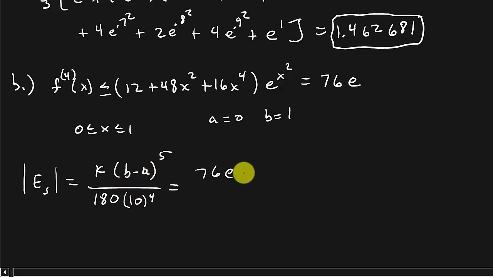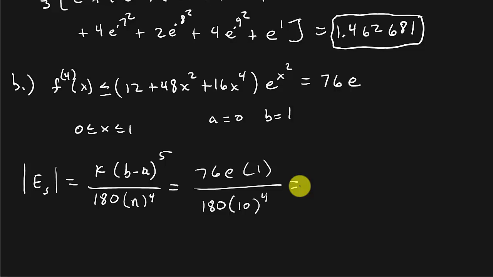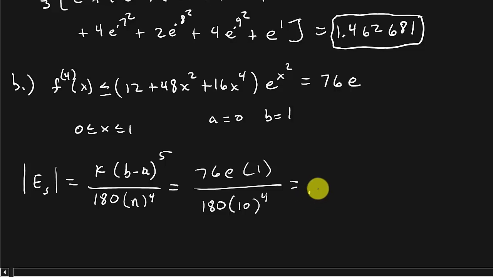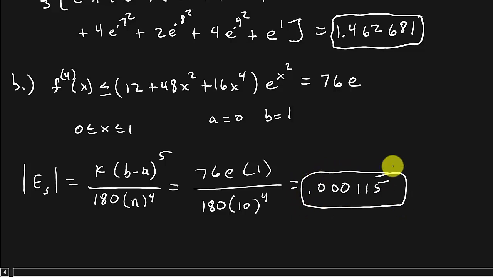So 1 minus 0 is 1. 1 to the 5th is 1 over 180 times 10 to the 4th. I don't know why I put a 10 there. That's an n. n is 10, so 10 to the 4th. And that is going to give me what as an answer? That's going to give me 0.000115. And there's my answer right there.